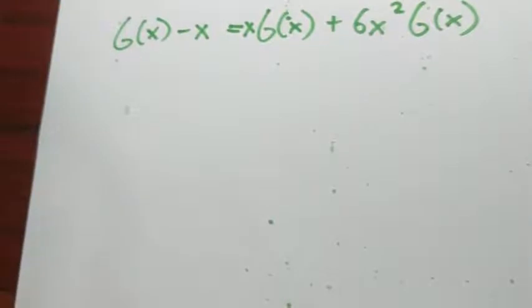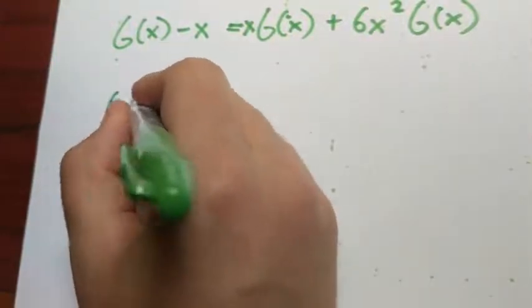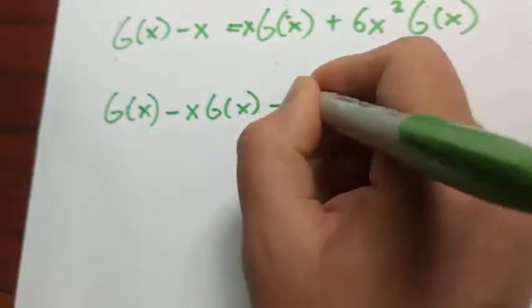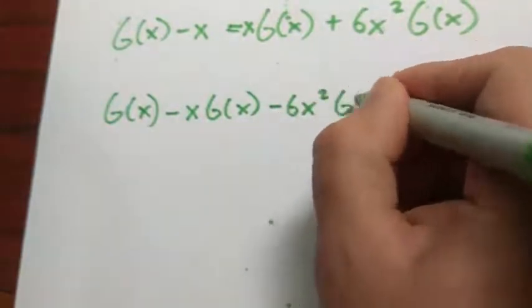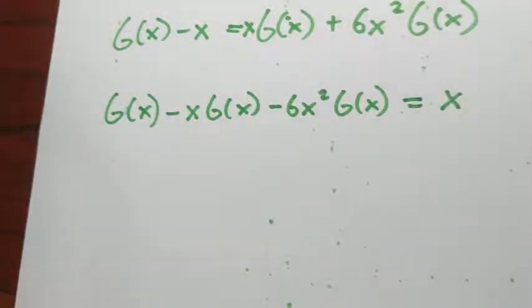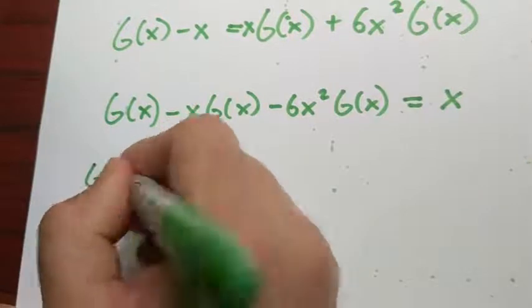Okay, so now I can use this algebraically to solve for g of x. So let me get all of the g of x terms on one side and all of the not g of x terms on the other. And now that I've done that, I can factor out g of x.